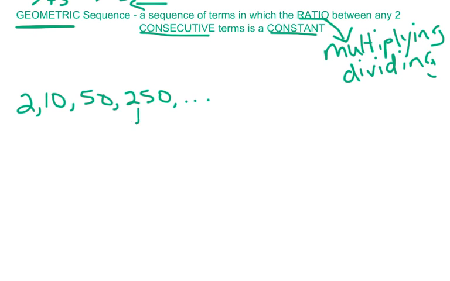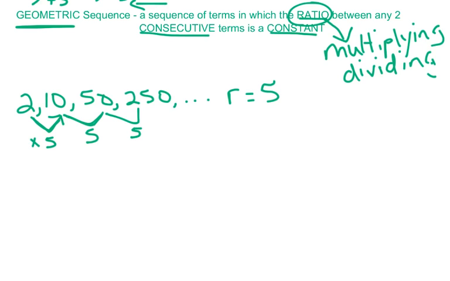So 250 minus 50 gives us 200. 50 minus 200 does not give us 10. So that's how I know this is not arithmetic, because I can't subtract the same number, okay? But 250 divided by 50 is 5, and 50 divided by 10 is 5. So to go from 2 to 10, I can multiply by 5. So here, instead of D, I'm going to say R, my common ratio, is 5.